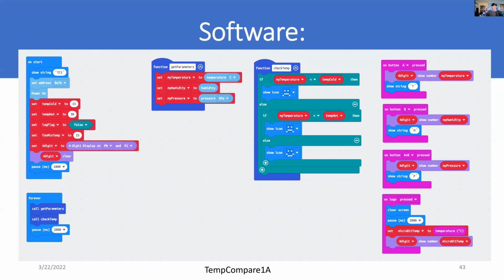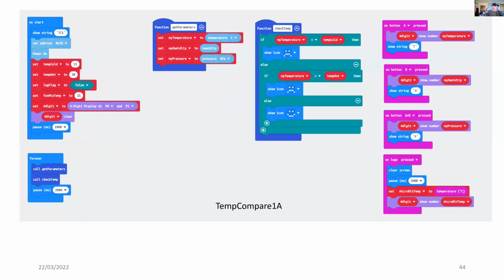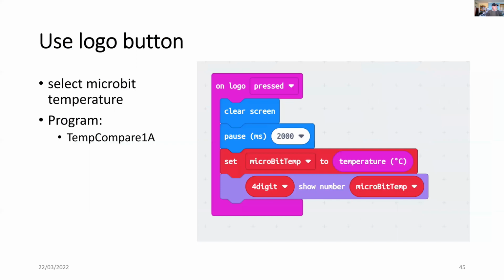And this time, if you press the logo button, we will show the microbit temperature on the 4-digit LED. Everything else is very similar to what we had before, and you'll notice that we're selecting hectopascals for our pressure. So the only change really is to use the logo button.